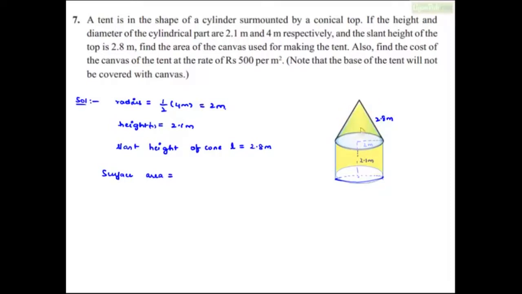So here if we consider the surface area of cone plus the lateral surface area of this cylinder, then we get the total surface area of the tent, that is equal to surface area of cylinder laterally, that might be S1, plus the surface area of cone, that is also laterally, let it be as S2.